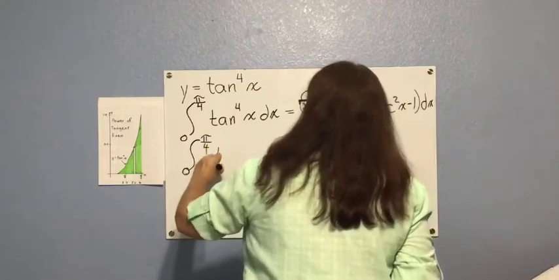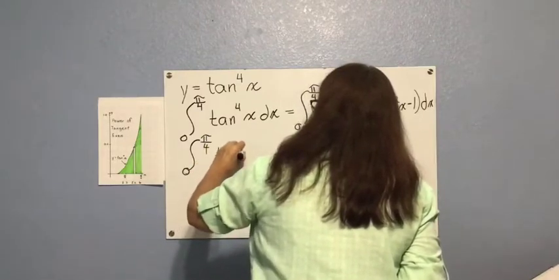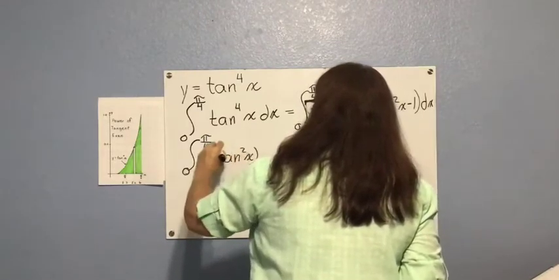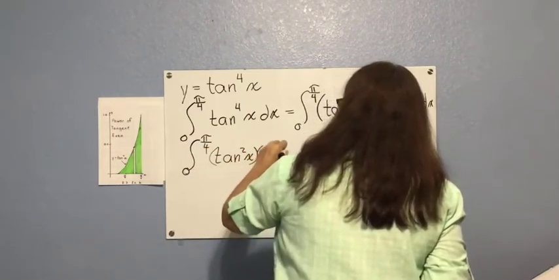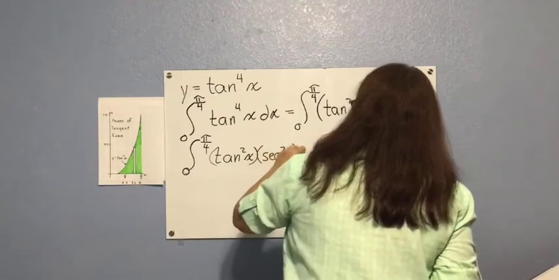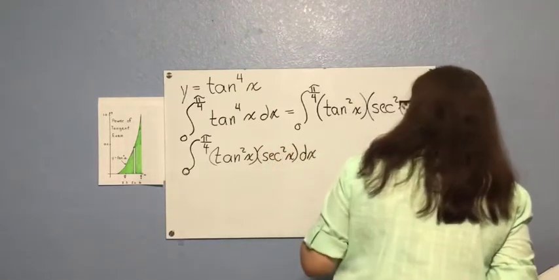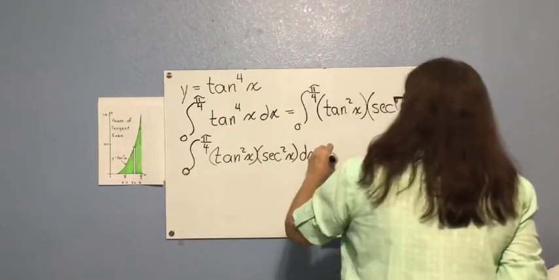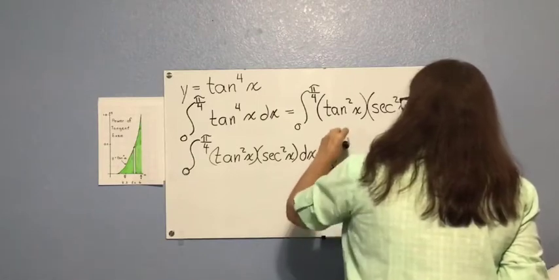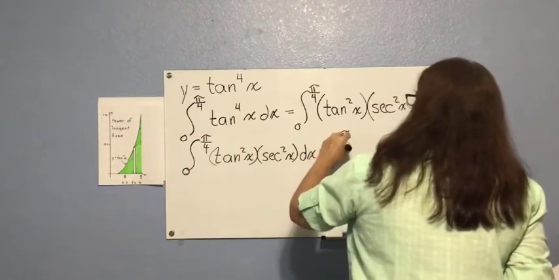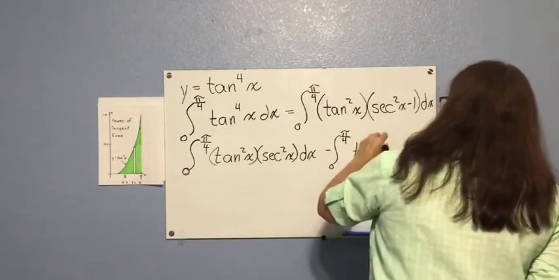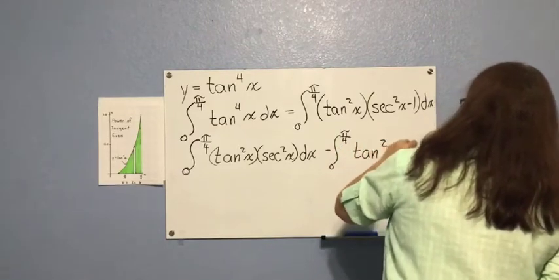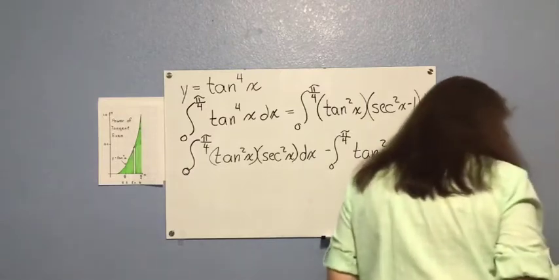Now I'm going to rewrite this as 2 integrals. First I'll have the integral of tangent squared x times secant squared x dx minus the integral of tangent squared x dx.